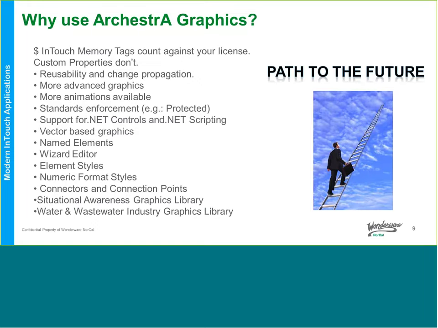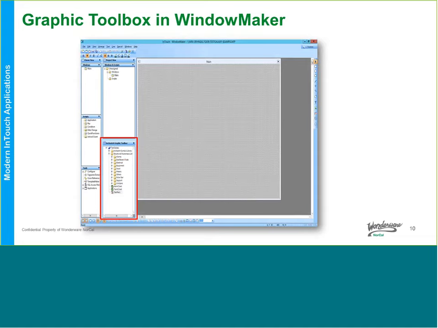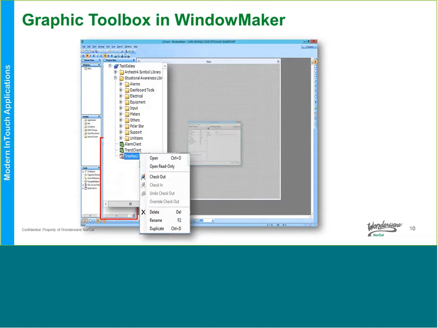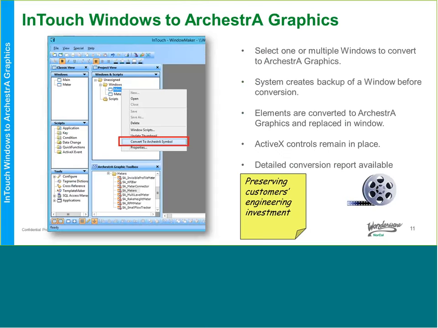So it gives you a path to the future for your existing InTouch applications to now leverage the latest and greatest. So you can see here right inside of Window Maker we have the Archestra graphic toolbox available. And now we also have the ability to convert an existing InTouch window to an Archestra symbol. So there's a whole new graphical editor that is exposed that is a part of the Archestra graphic library.